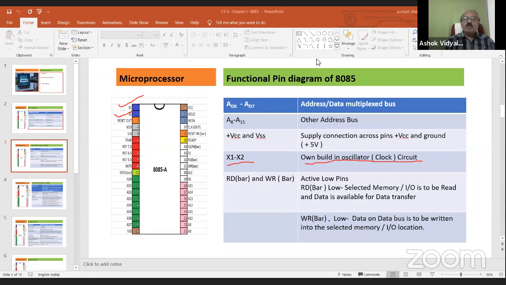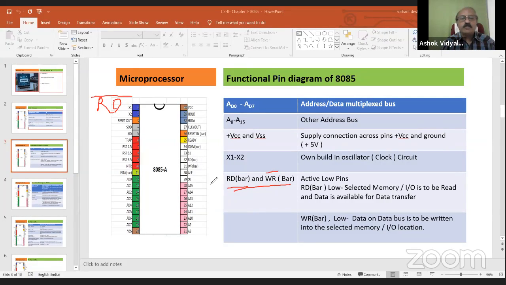Now let's see what is the use of the RD bar and WR bar pins. So where is the RD bar? As the name indicates, what does bar mean? It is written like this: R, D, and a bar, and we have to read it as RD bar, WR bar.